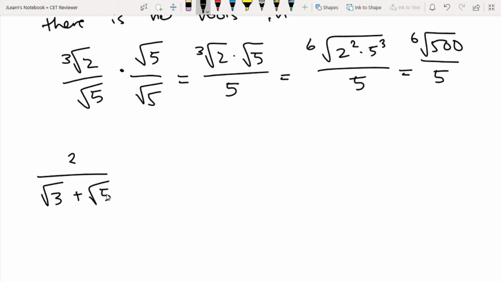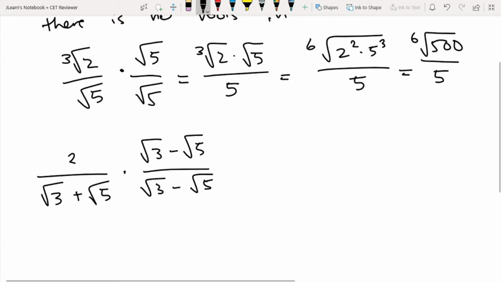So, anong number or constant yung pwede natin i-multiply para matanggal yung square roots? So, we multiply here square root of 3 minus square root of 5 all over square root of 3 minus square root of 5. So, this is what we call the conjugate.